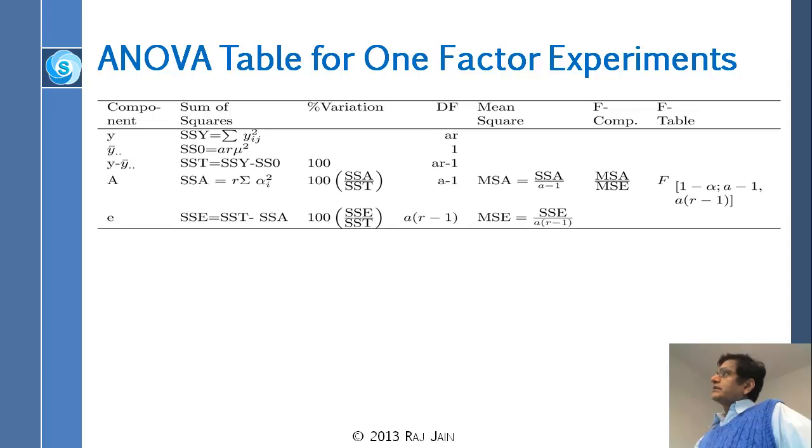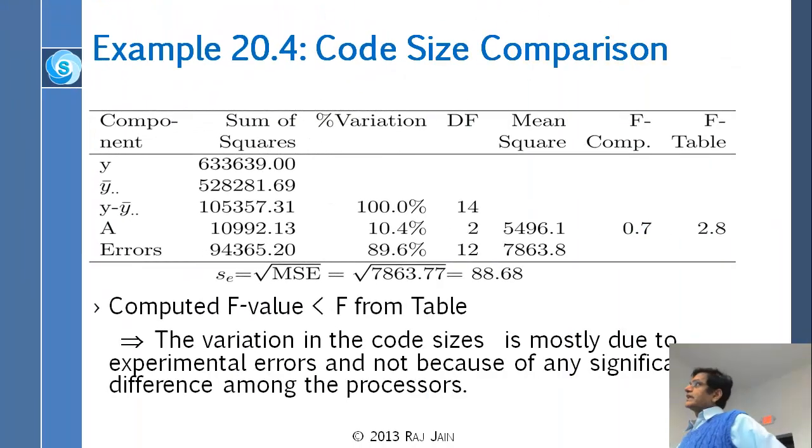Mean squares are simply SS divided by the degrees of freedom, and then the ratio of these two is compared with the F value. So for that example that we had a minute ago, we wrote down the sum of squares and the percentage variation.